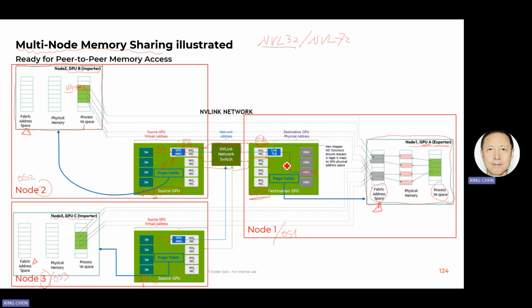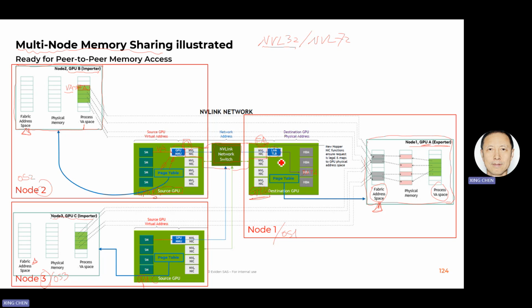Then the GPU is going to look at its translation look-aside buffer. You can just think that this buffer is a high-speed cache, and within this cache, we have this FA to physical address translation. Okay.